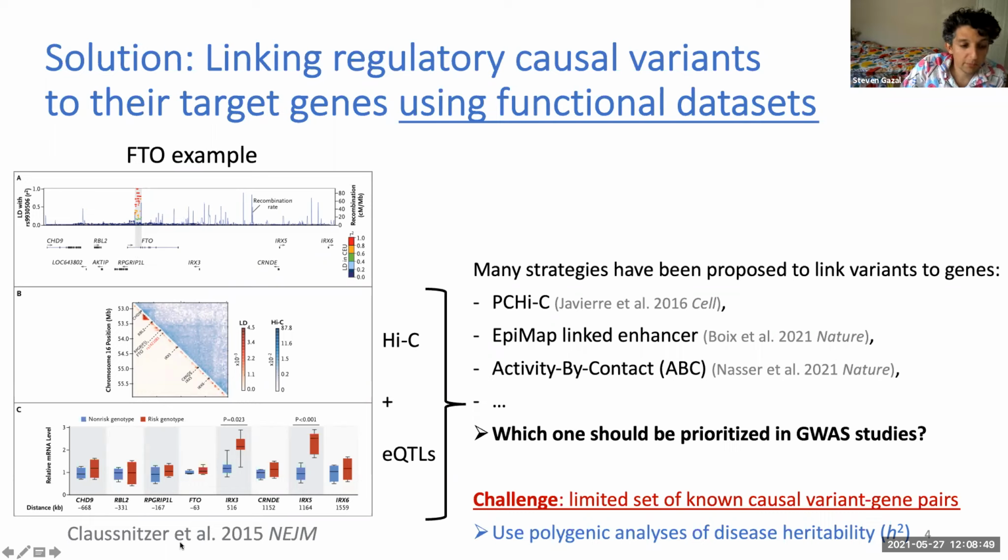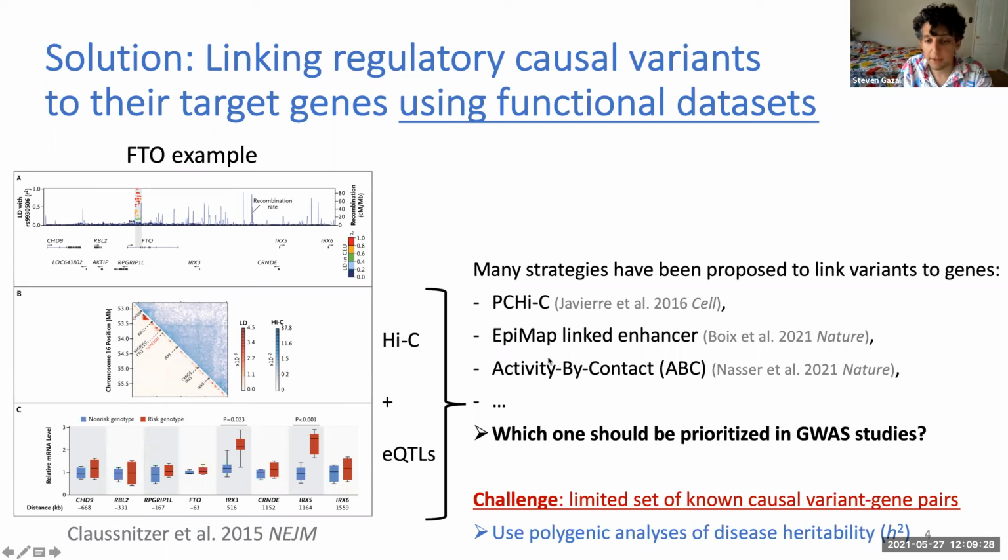What this paper showed is that the causal variant, which is really in the middle of the FTO gene, is actually a regulatory variant that targets IRX3 and IRX5. They showed that first by showing that this variant is an enhancer that interacts physically with the promoter of IRX3 and IRX5 using Hi-C data. And then they also showed that this variant impacts gene expression of IRX3 and IRX5 in the relevant cell types and tissue, which here was adipose tissue.